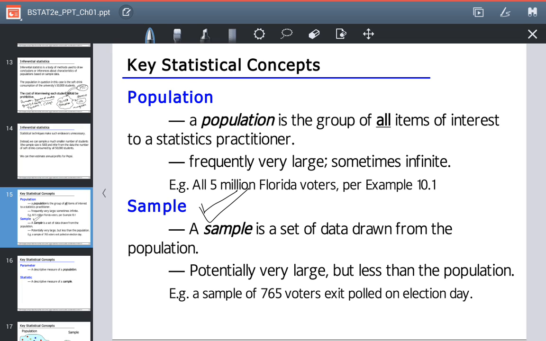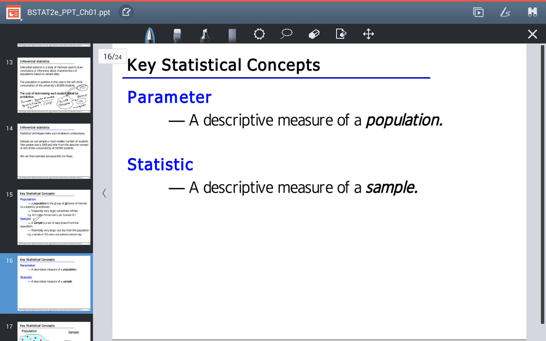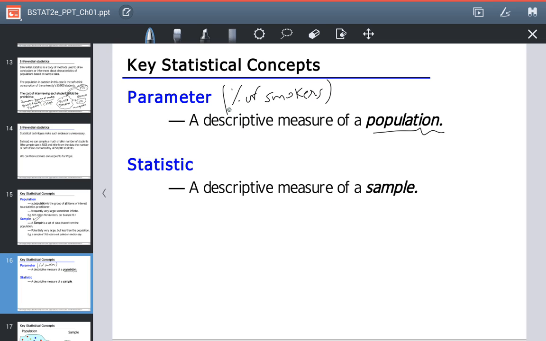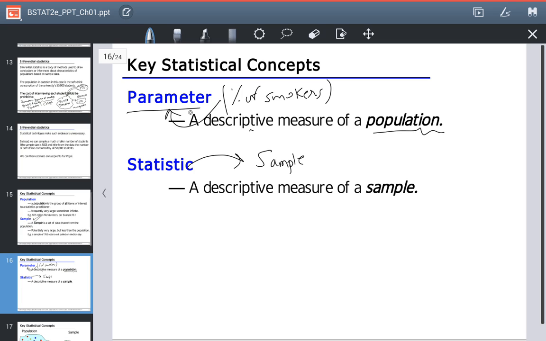If the quantity of interest is associated with the population, here the percentage of smokers, it's called the parameter. If it is associated with the sample, it's called the statistic. Different fancy names, but both convey the same thing.